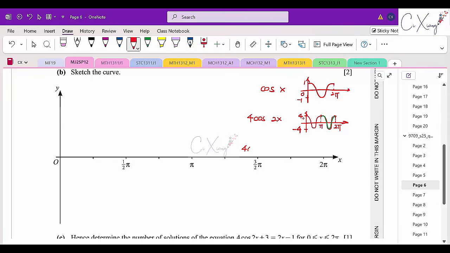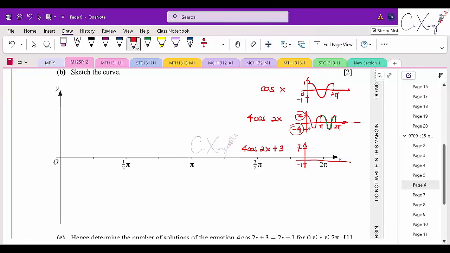Then next step, to change it into y, you have to add a 3. So imagine you are moving this whole graph 3 units upward. So the -4 here plus 3 becomes -1, so your minimum point will be at -1. Your maximum point will be 4 plus 3, which is 7.